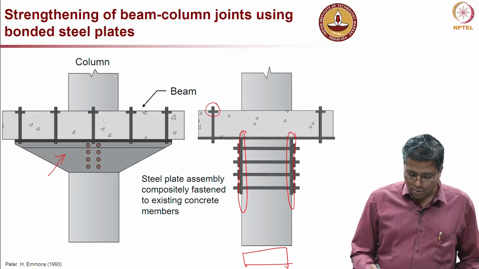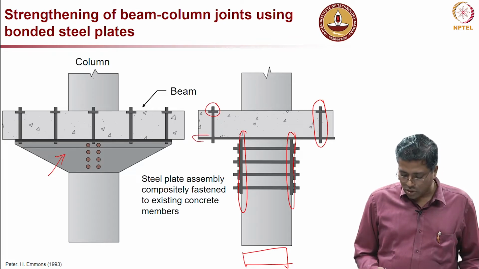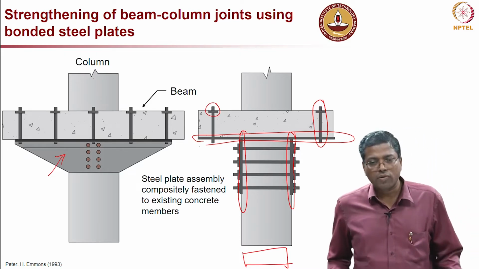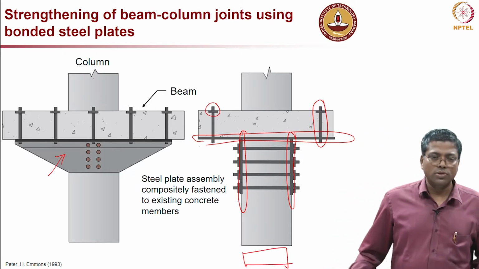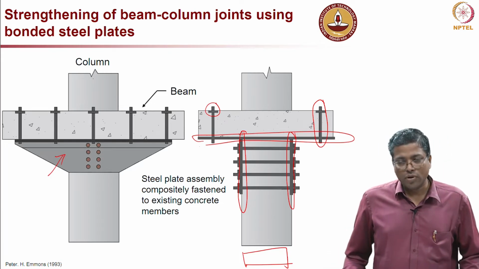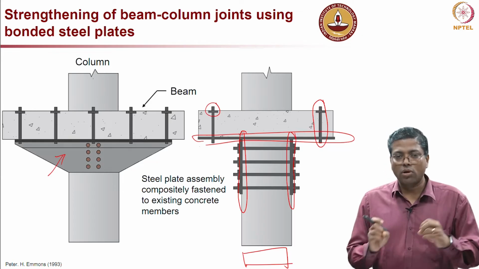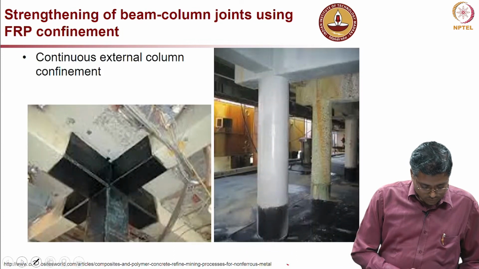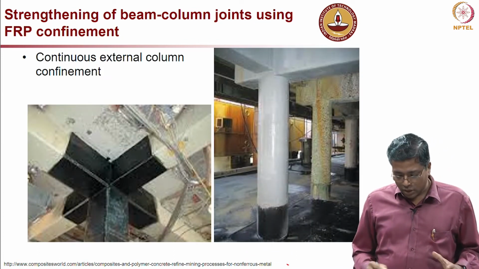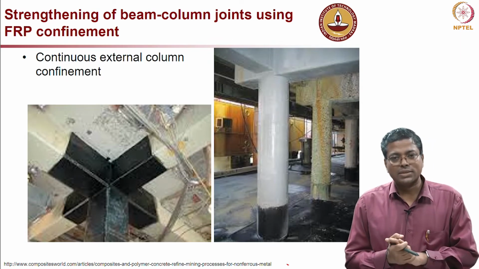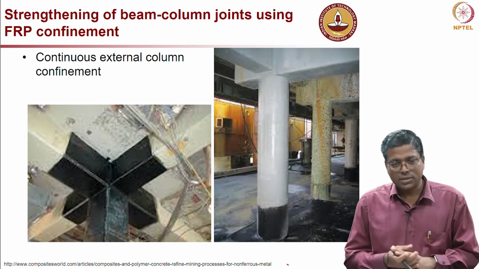You can see there is a nut and bolt system here, and then this is transferred. There is also a horizontal plate. So, essentially what you are doing is preventing the movement of this beam column joint, or enhancing the strength of the joint itself, not necessarily the strength of the column or the beam, but the strength of the joint alone.